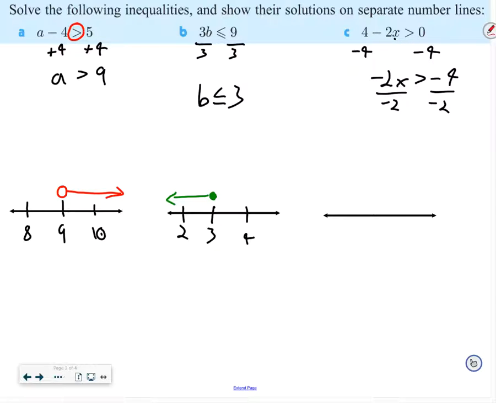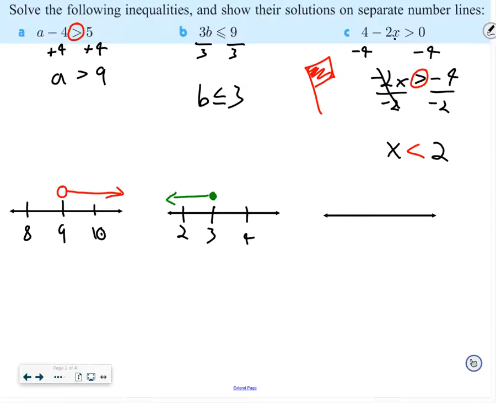Notice here, because I'm dividing by a negative, I should have a red flag come up in my mind saying that I need to make sure I reverse my sign. So I reverse my sign here. These will cancel out and I get x here. Negative 4 divided by negative 2 is 2. So x is going to be less than 2.